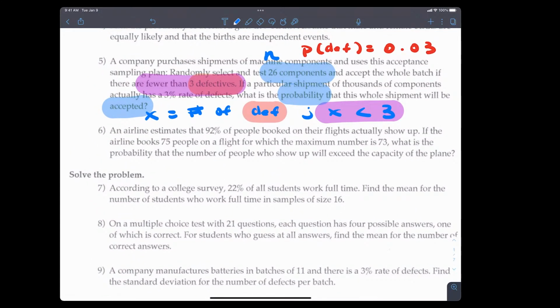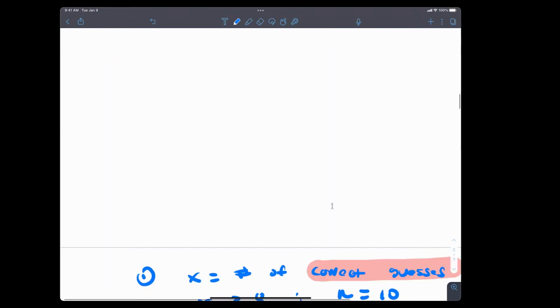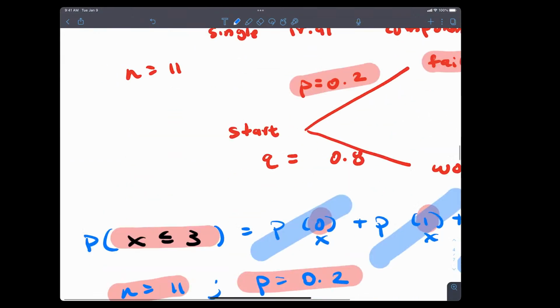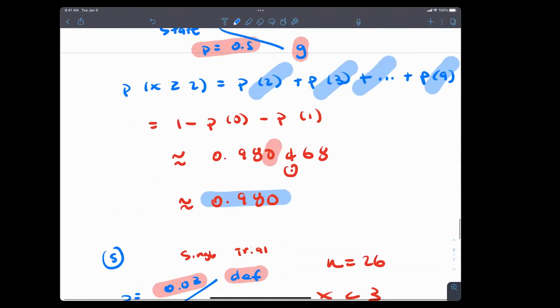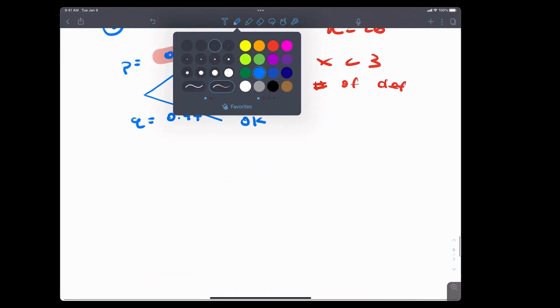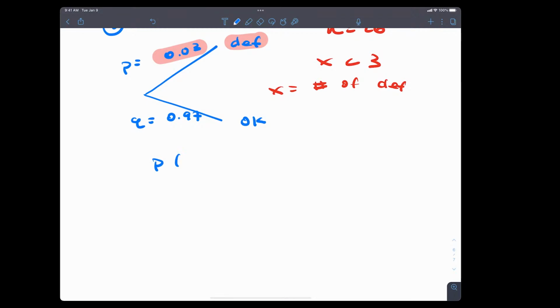All right, so we're going to do number 5. Probability that X is less than 3. So that's P of 0 plus P of 1 plus P of 2.